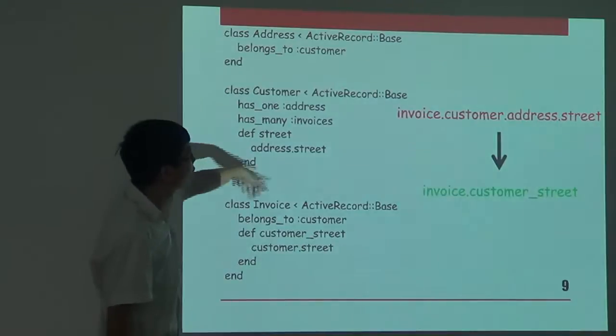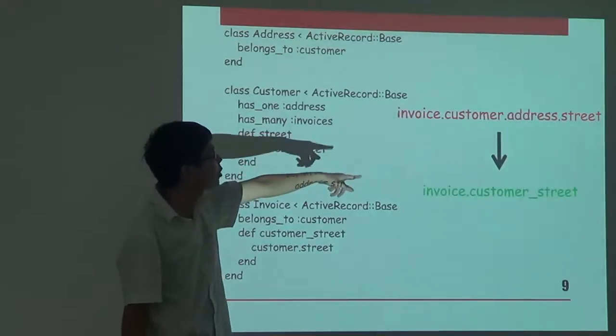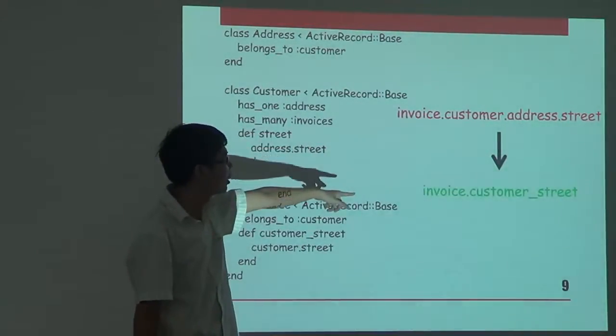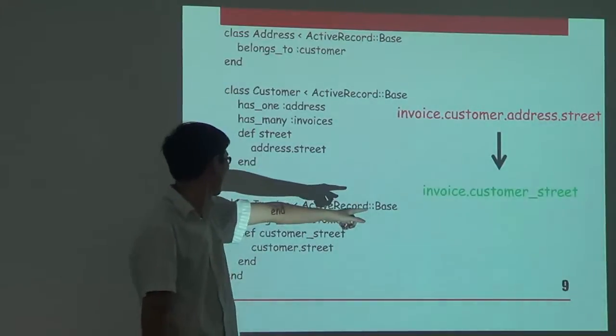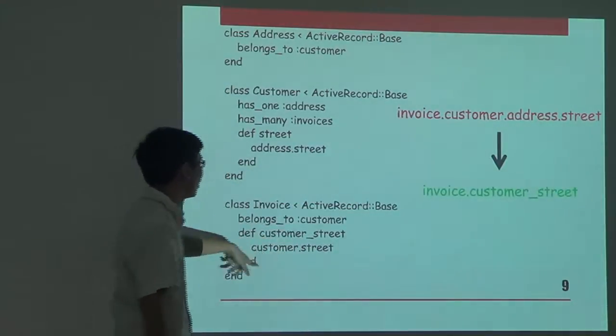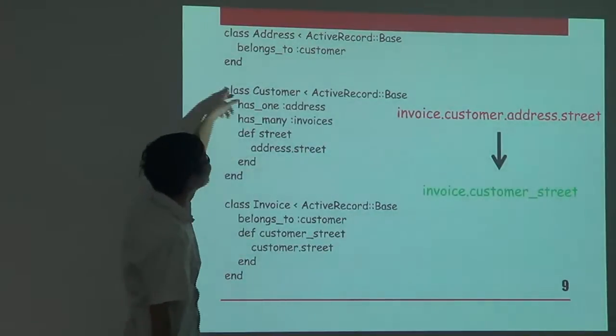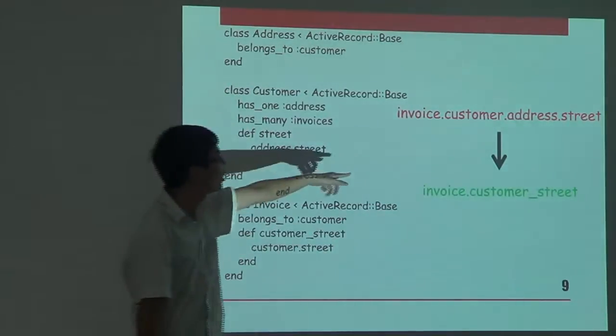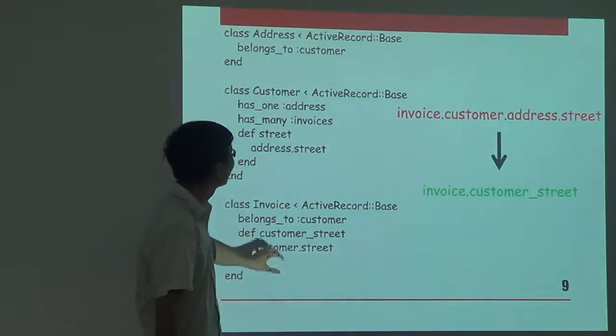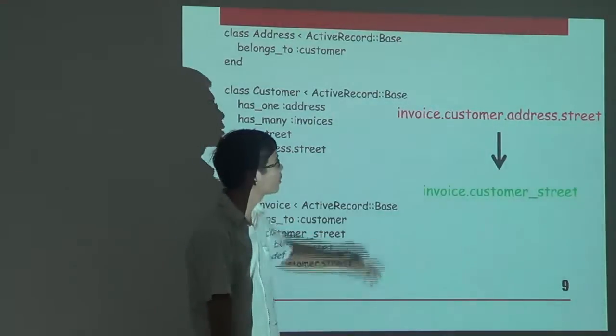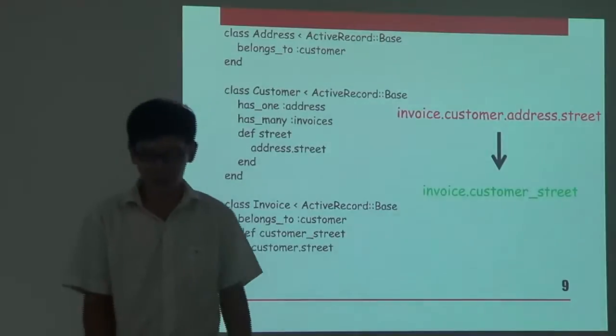So when you call invoice customer address dot street, you will just call the invoice customer address, which is here, return the customer address. The customer address will return this. So when you define like this, you can have a much shorter sentence.